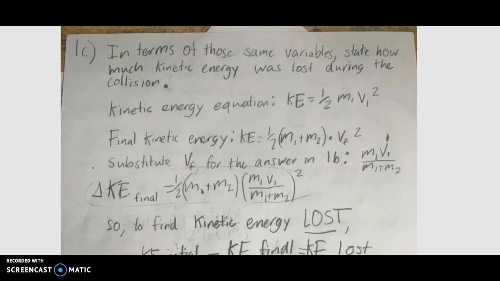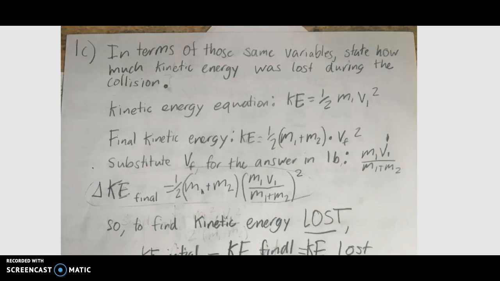What is the equation for kinetic energy? Something we went over pretty exhaustively in physics is that kinetic energy is equal to 1/2 mass times velocity squared. So our initial kinetic energy is looking at specifically the first boxcar, because the second boxcar wasn't moving.